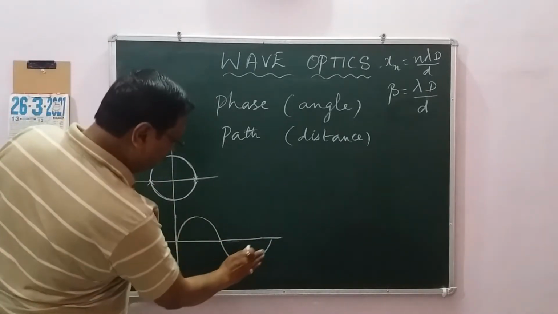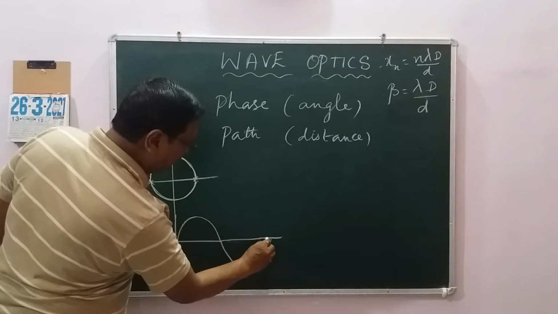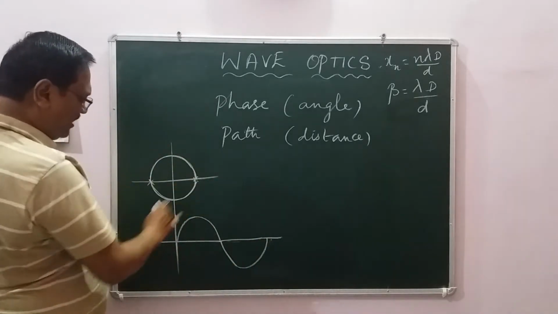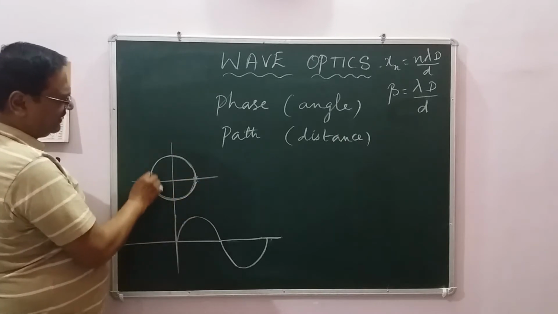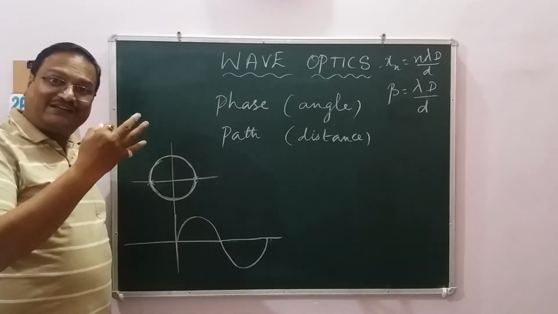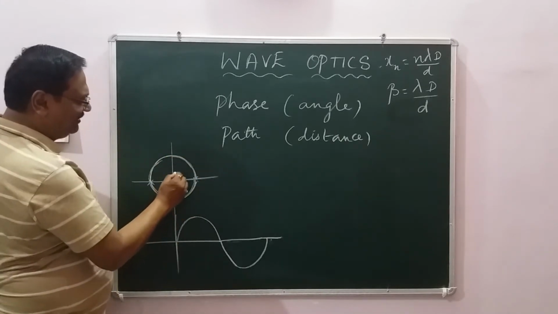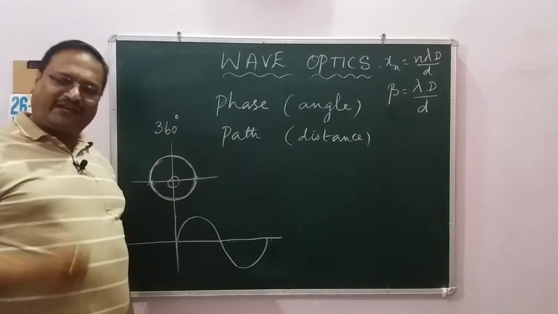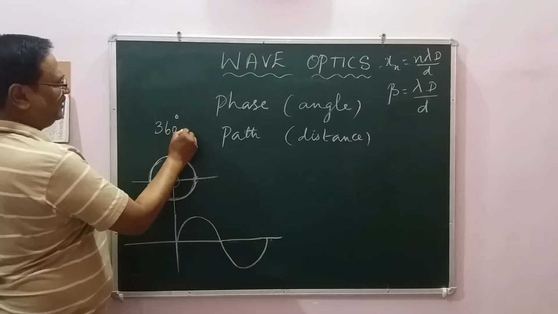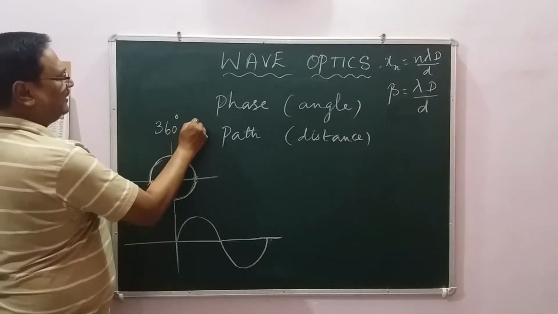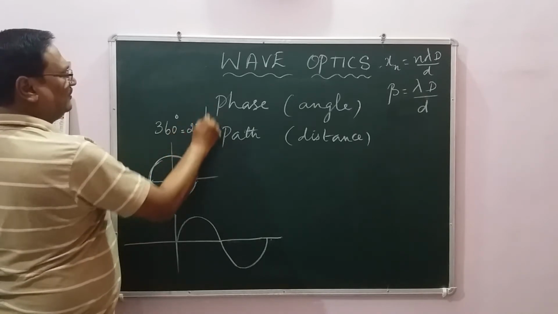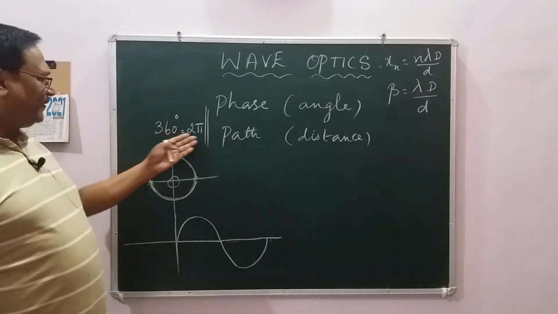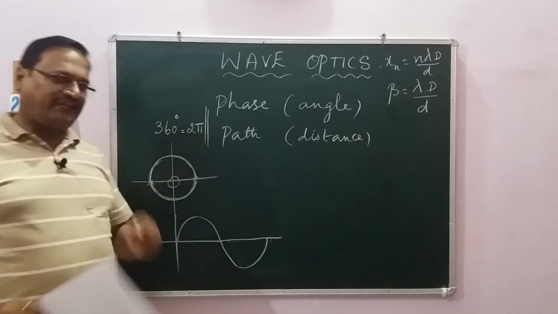I may have drawn it a little bit different in size, it's okay, otherwise it is identical to the upper half. So what is this actually? It's a circle. In a circle, what is the total angle? 360 degrees. Now what is 360 degrees in terms of radians? It is nothing but 2 pi. Pi is 180 degrees, so 2 pi is 360 degrees.